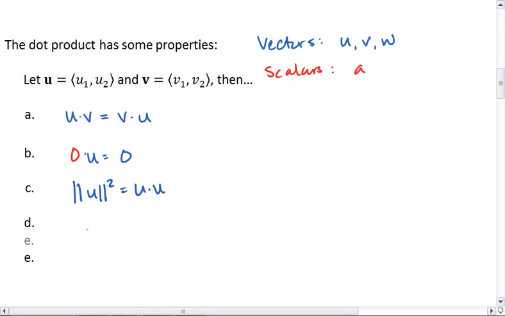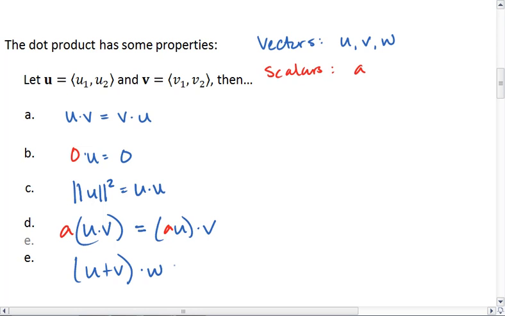Next, if we were to do u dot v and scale by some scale factor a, this is the same as first scaling u by the scale factor and then taking that vector with dot v. And then lastly, we could do u plus v, so add the two vectors and then dot with w.